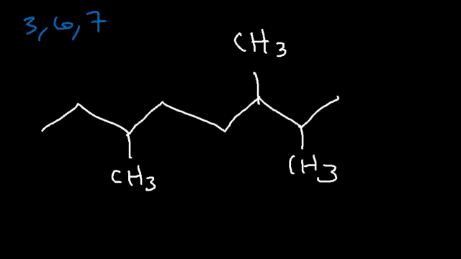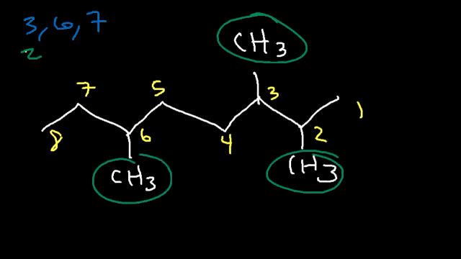Now, if we count it in the other direction, 1, 2, 3, 4, 5, 6, 7, 8, notice that we'll have lower numbers. Instead of 3, 6, 7, it's now 2, 3, and 6. So you want to count in the direction that's going to give you the lower numbers.